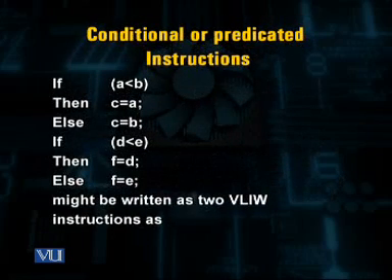Here you can see the first block of the if-then-else statement, which says that if A is less than B, then we have to replace C by A. Otherwise, C is to be replaced by the value of B. Similarly, the second block says that if D is less than E, then F is to be replaced by D. Otherwise, it is to be replaced by E.